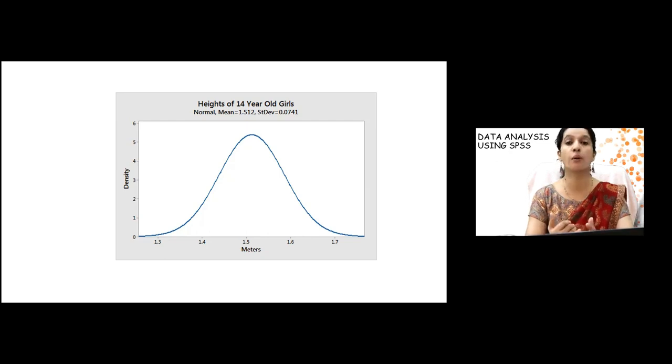That is one of the objective criteria for deciding whether the data is normally distributed or not. So if the standard deviation is less than 50% of the mean, that means the data is normally distributed. And you can see the bell-shaped curve here showing a normal distribution of the height of 14-year-old girls.